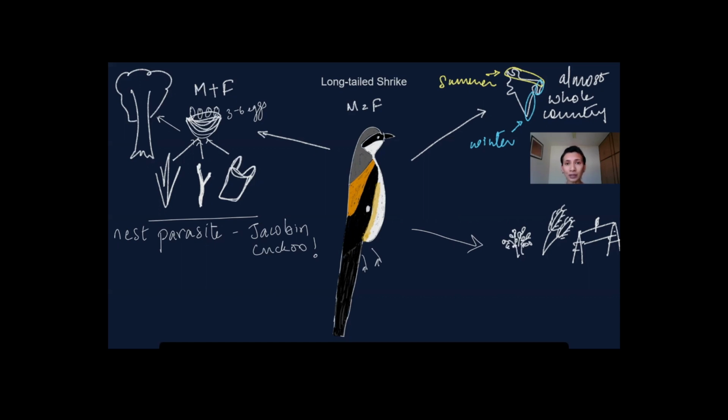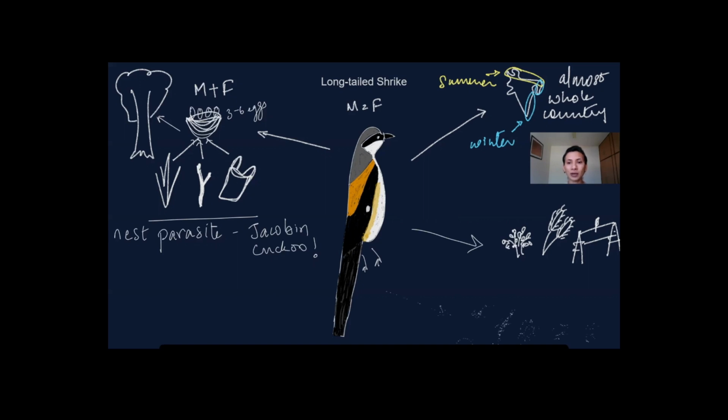And that poor bird, say for example over here, the long-tailed shrike, will raise that cuckoo chick, thinking it is its own chick. So it'll go feed it, along with its other real babies. So that's called nest parasite.